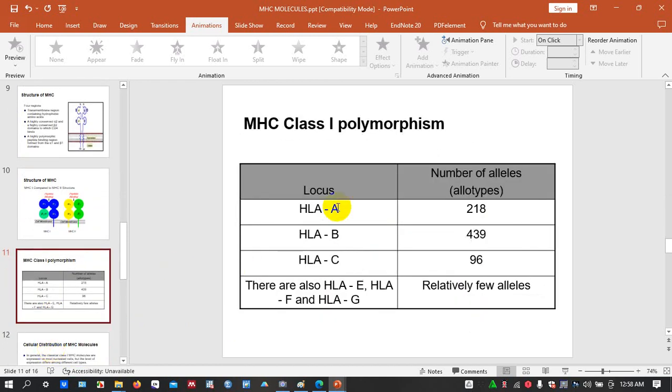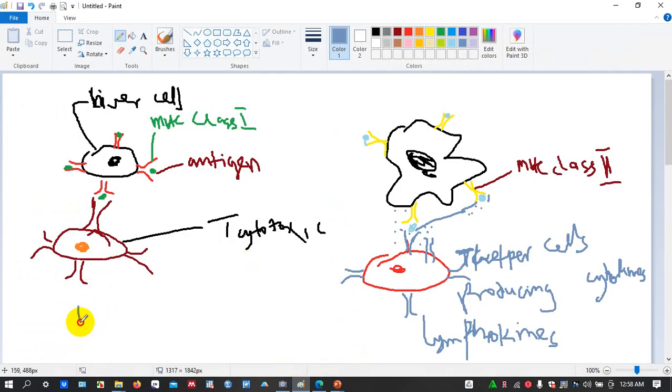In humans, the MHC gene is called HLA. No, sorry.